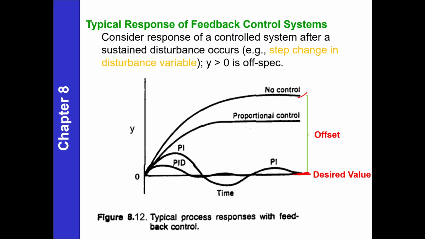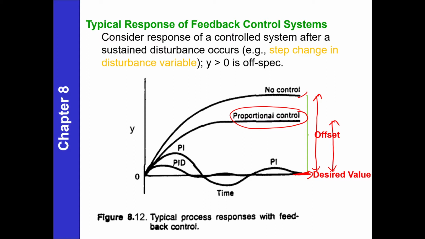Your set point is here, very far away from the desired value. When you introduce only proportional control, just like I said, it just reduces the error, but it never eliminates the error. So it reduces the error from here, a very big error, to this one.